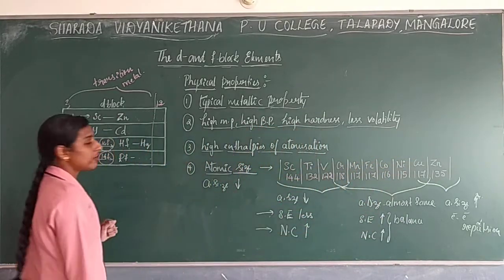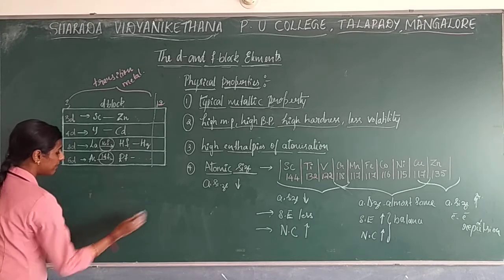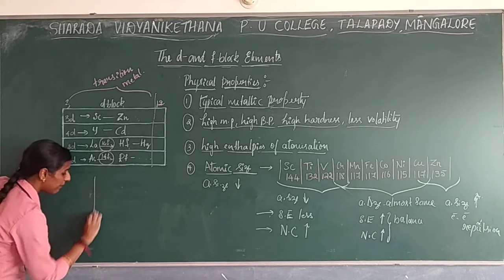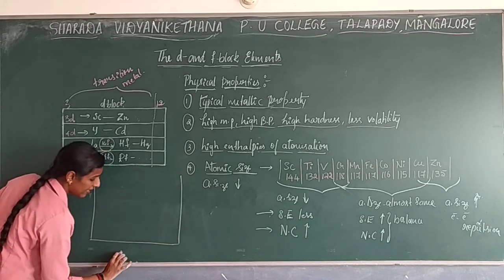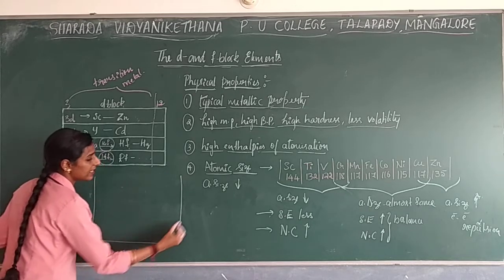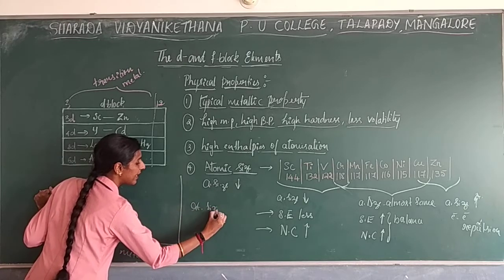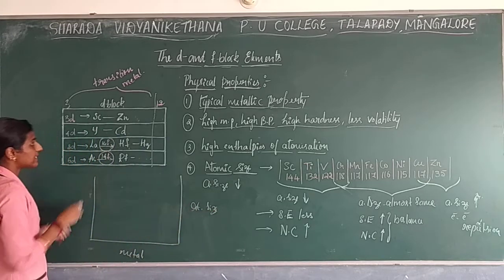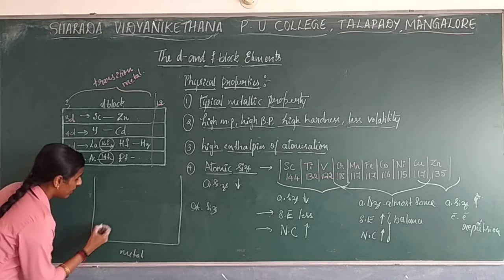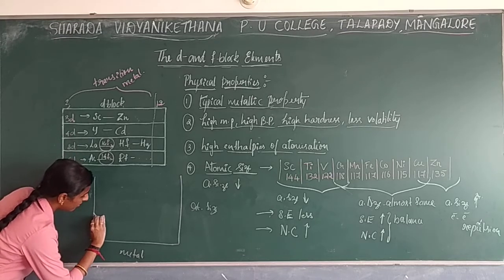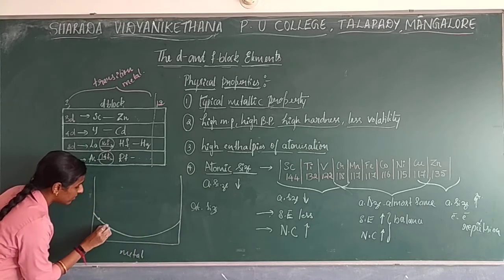Now when we compare between the series, if I plot a graph of metal versus their atomic size, for example, first I draw the 3d series. When I draw the 3d series, I will get a graph in this form.